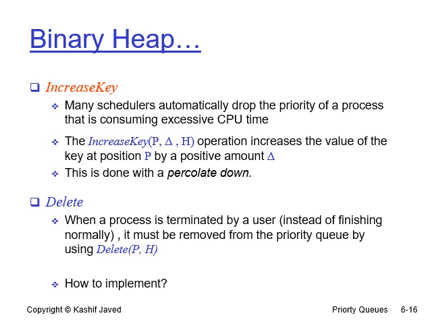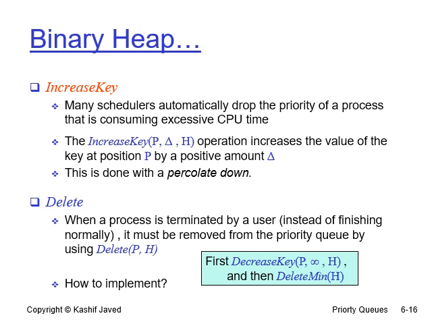So how can we implement a delete function? Delete will be a combination of decrease key and delete minimum. So decrease key p, the position specified in the priority queue of the task or the process, comma infinity. So you are reducing its value by infinity, comma h, the name of the heap.